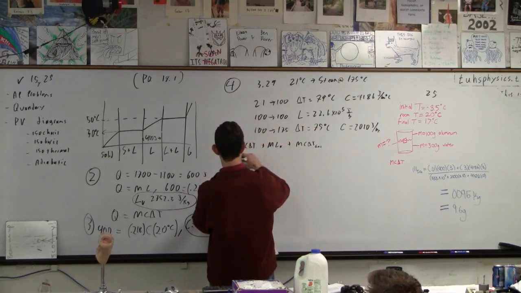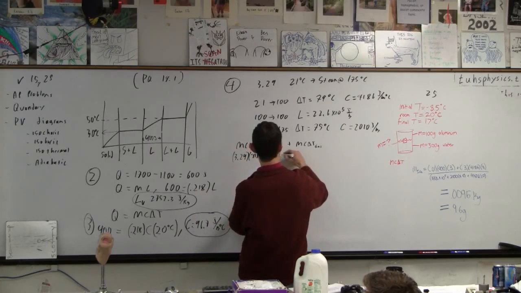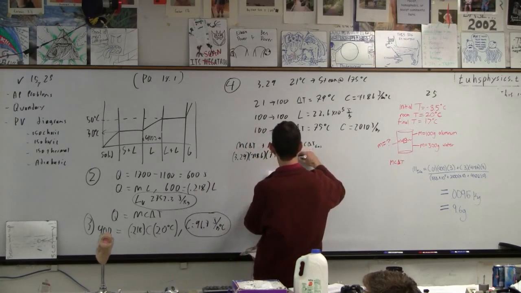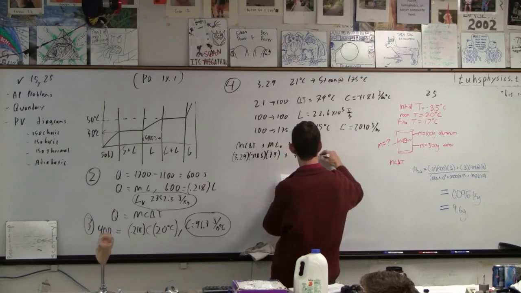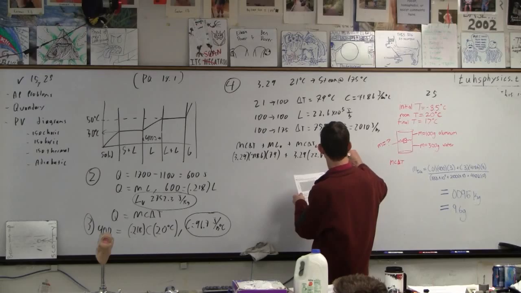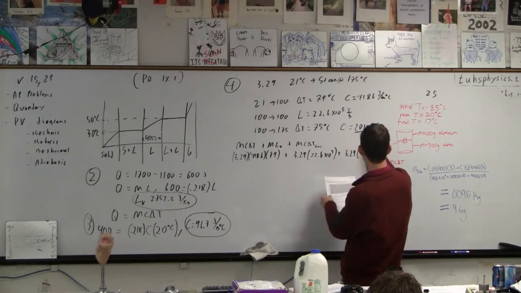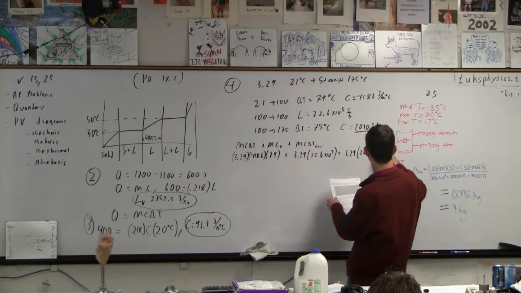And so it's 3.29 times 4186 times 79 plus 3.29 times 22.6 times 10 to the 5th, right? Plus mcΔT, so 3.29 times, and then it's this guy here, 2010, and then this is 75 degrees, right?